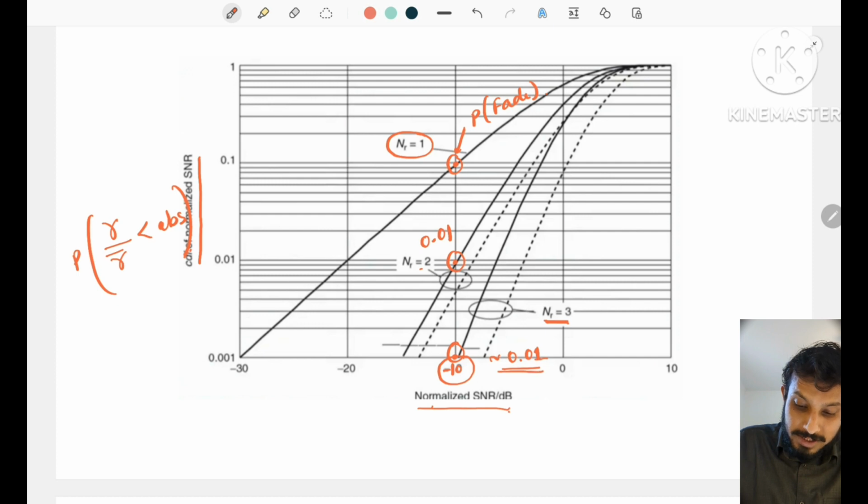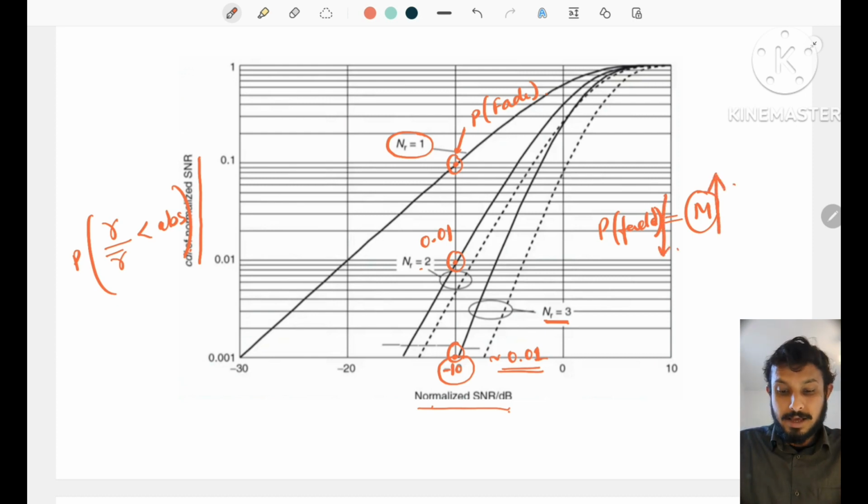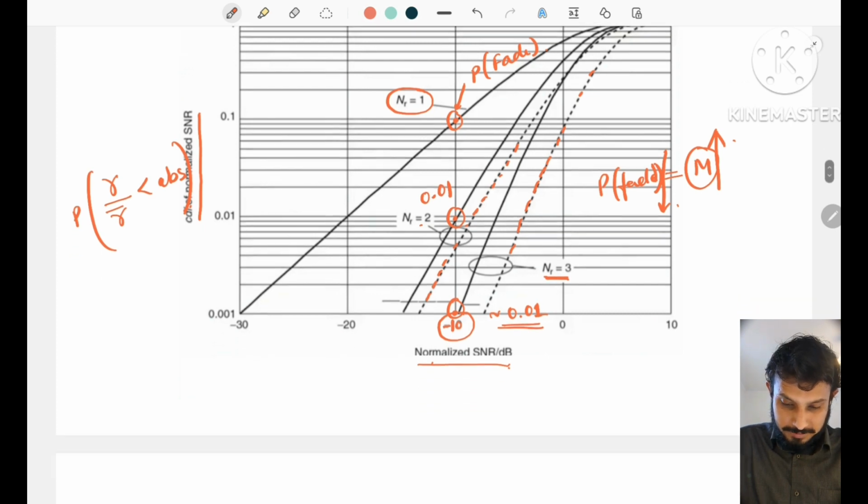So this is what we have seen: as we increase the number of antennas, the M factor in the probability of fade will increase and the probability of fade will decrease, and we will have a benefit of selection combining. And this dashed line here shows the optimal combining, known as the maximum ratio combining. We will see that in later videos.